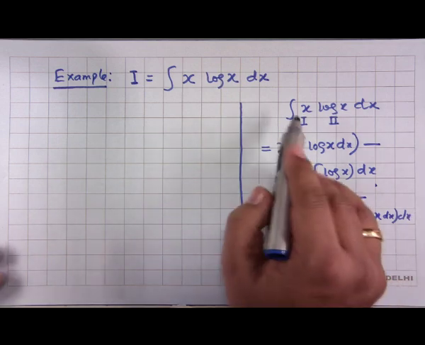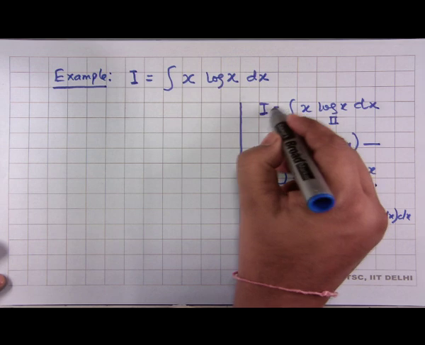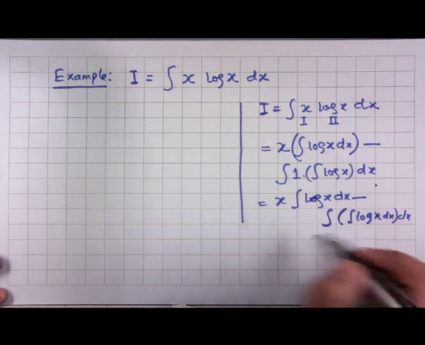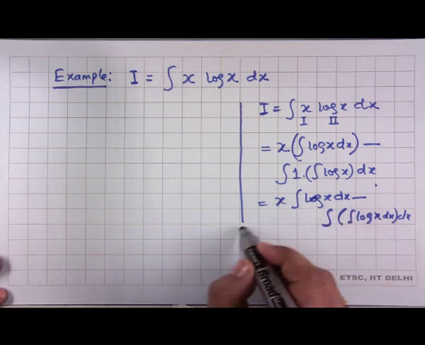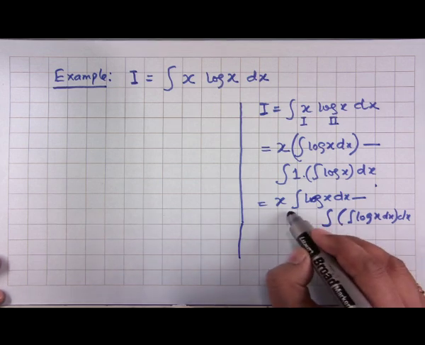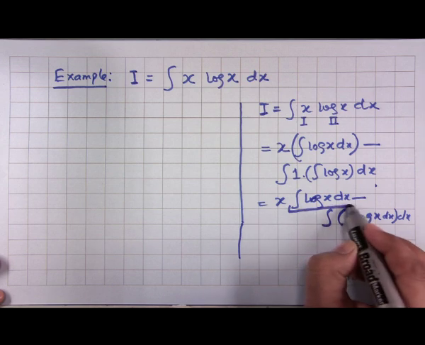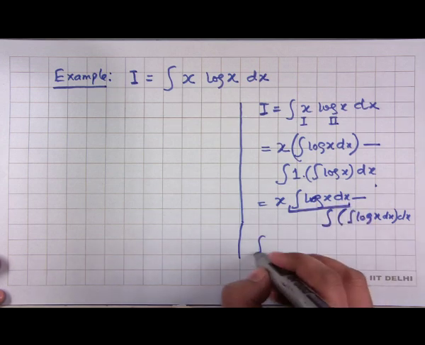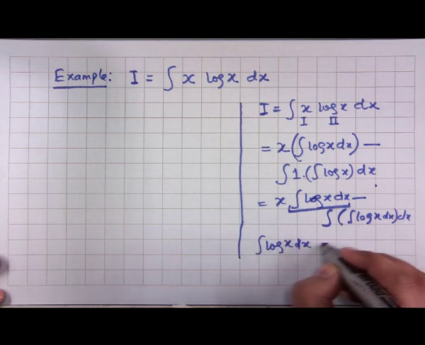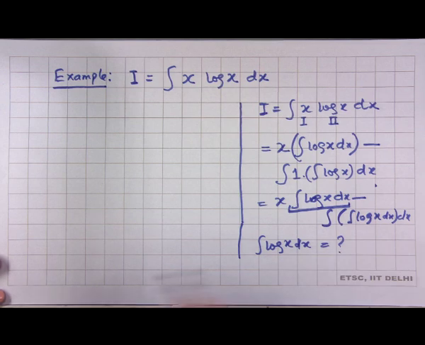So, the problem of finding this integral took us to this form, which has become even more complicated for us at this stage, because we really do not know what is the integral of log x. Therefore, we cannot move further.